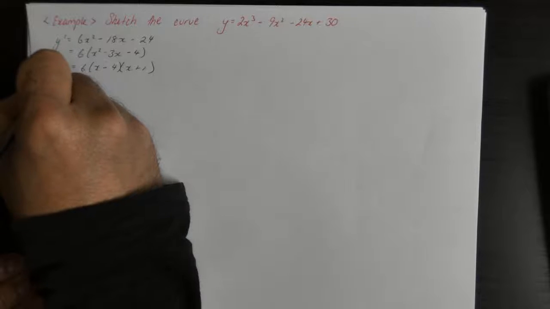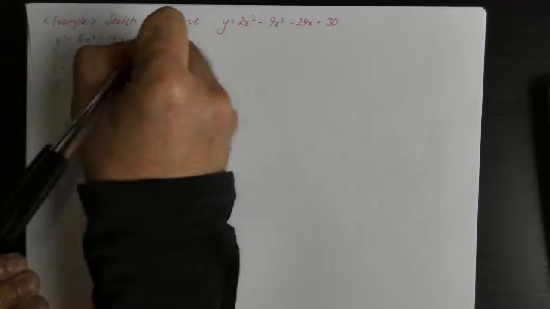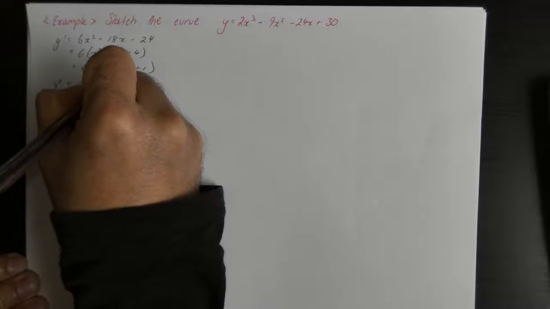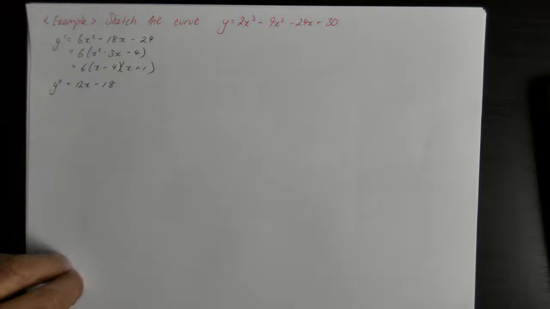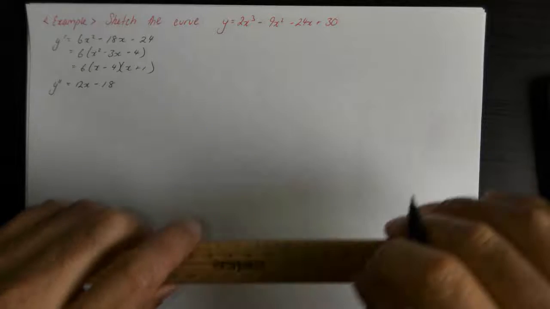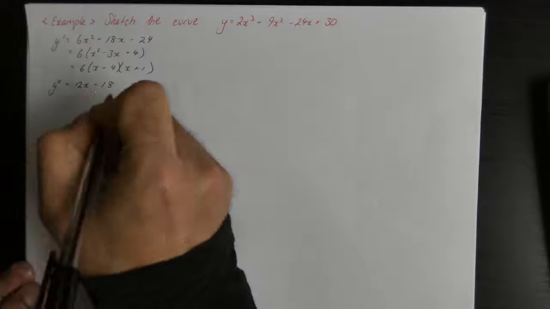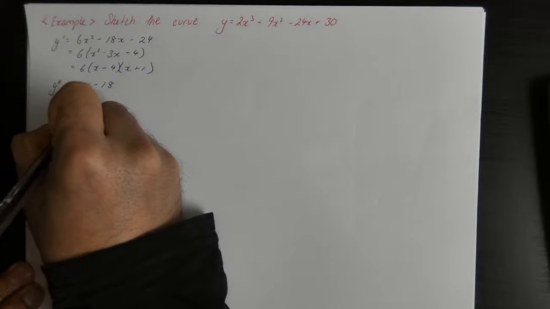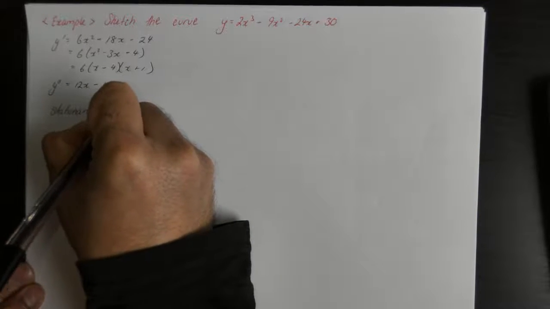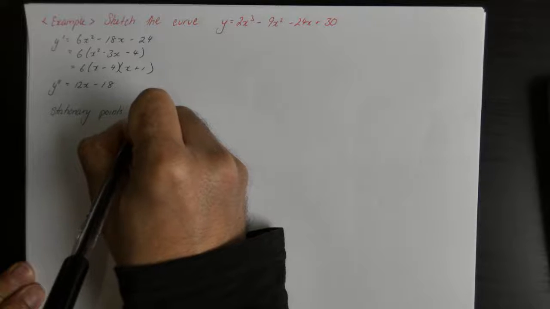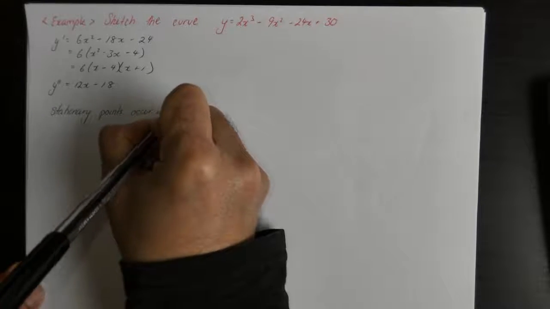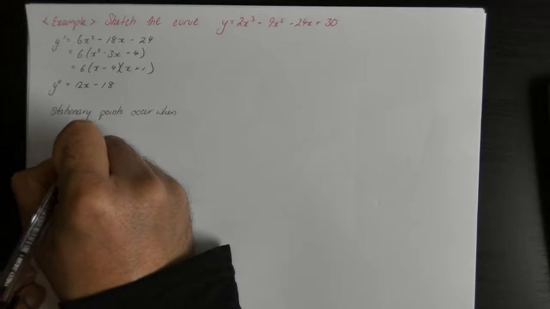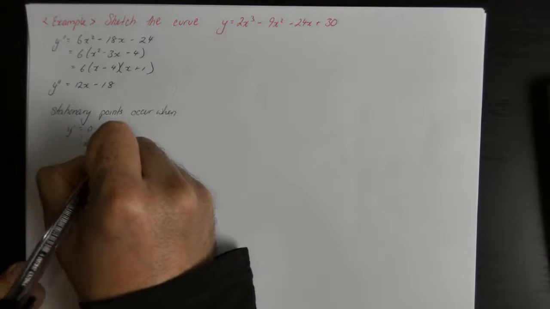And I can differentiate this again. Now we want to find my stationary points. So 4 and negative 1.